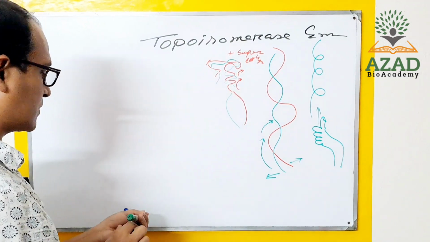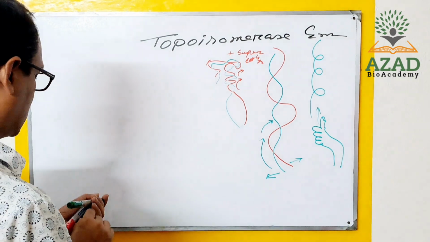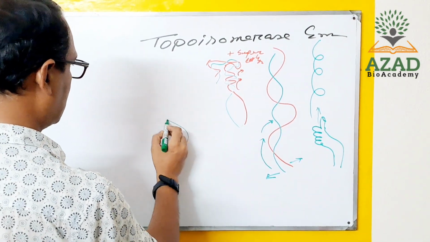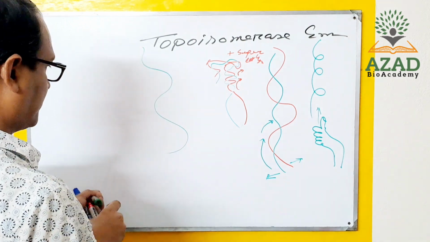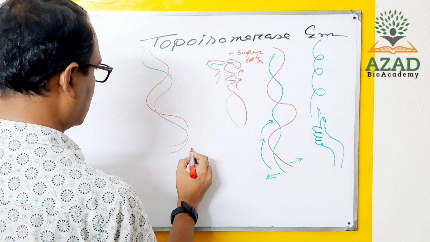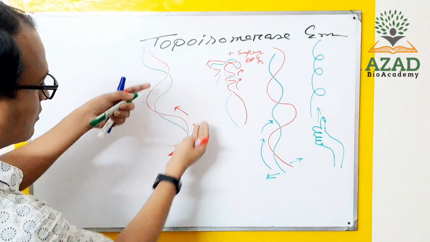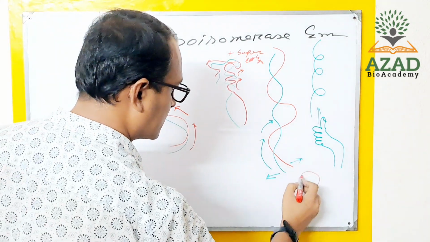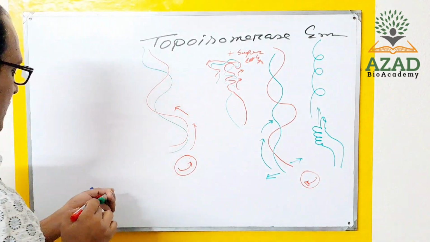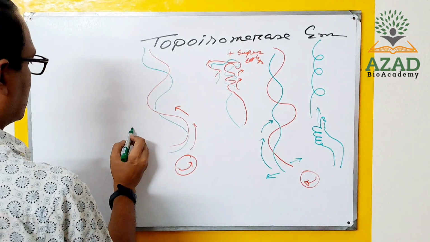So what does negative supercoiling mean? Now I will just roughly try to give you some idea. Your orientation would be like that. Okay, so your orientation is like that. That means anti-clockwise. This is the clockwise direction, and that is the anti-clockwise, and the direction is left-handed.